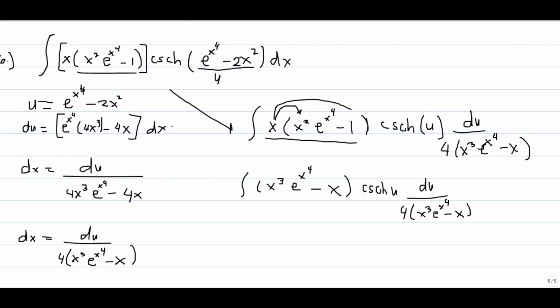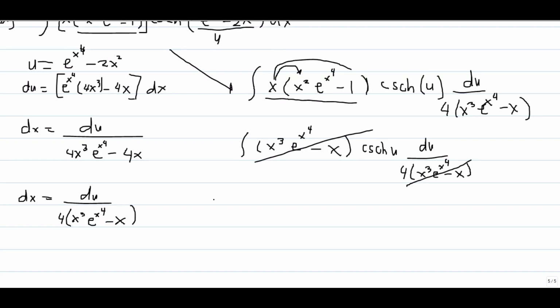By the way, this would be cancelled out. Therefore, we have 1/4 the integral of csch u du.